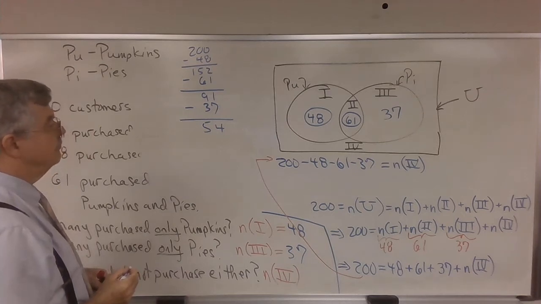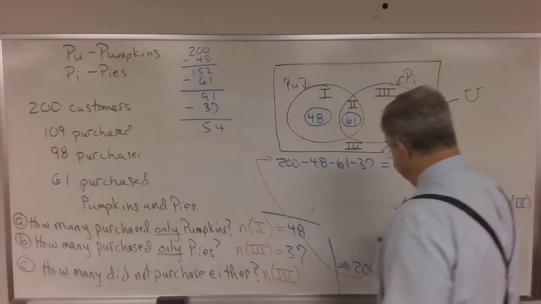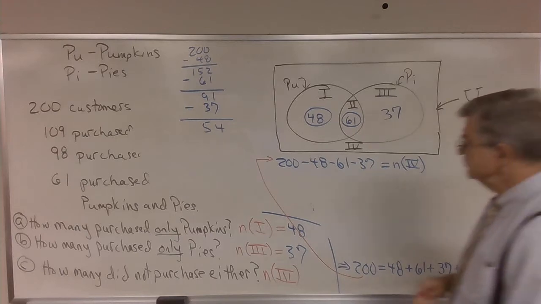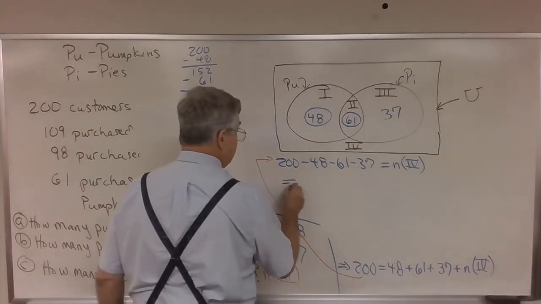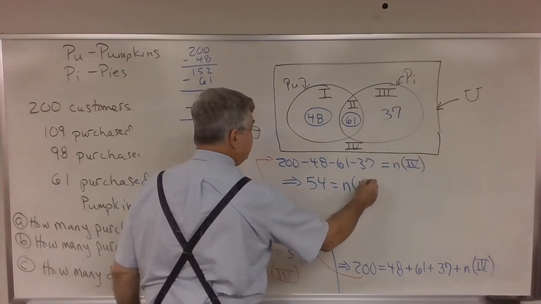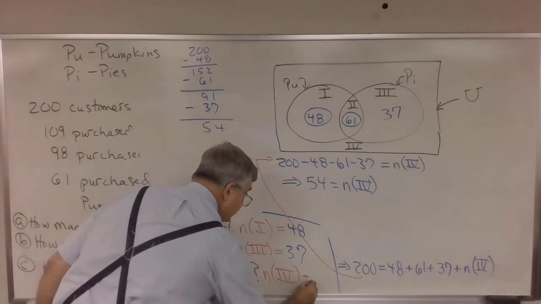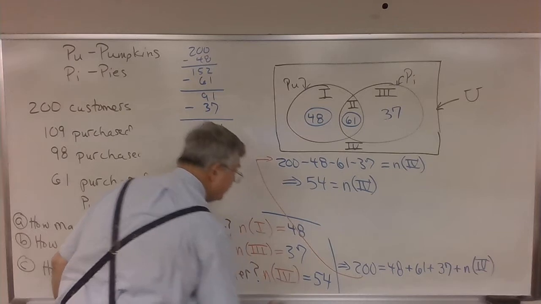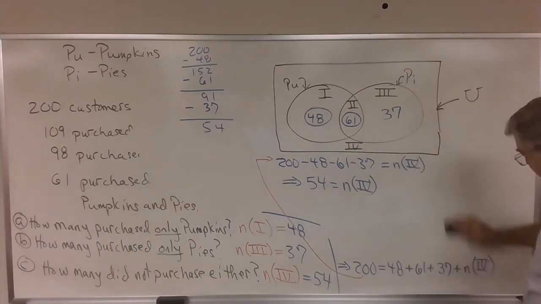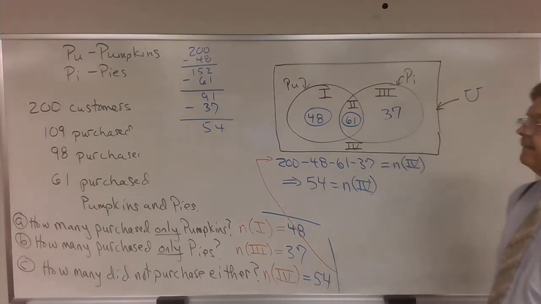Okay. So that tells us 54 equals the number in region 4. And we'll write that down. And we have our problem solved now.